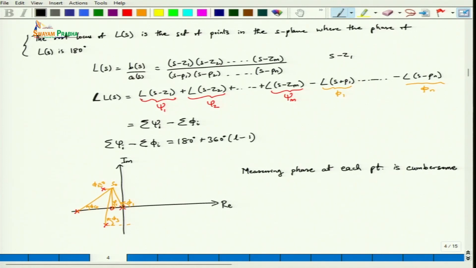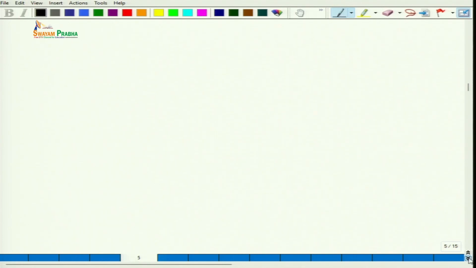So in this case we need a better method or better guidelines. So we are going to study next some of the rules for plotting the root locus.